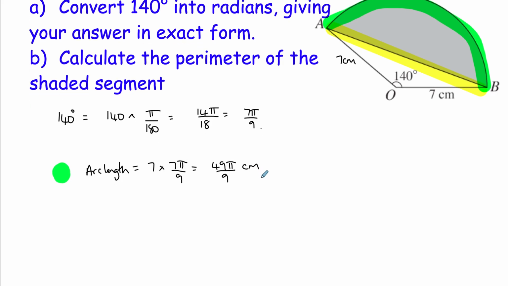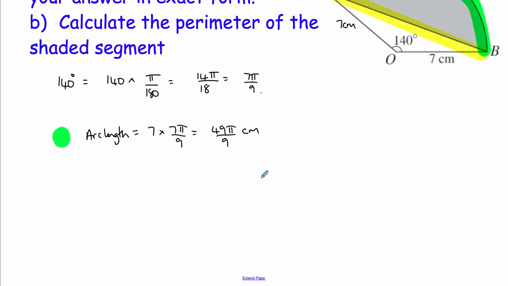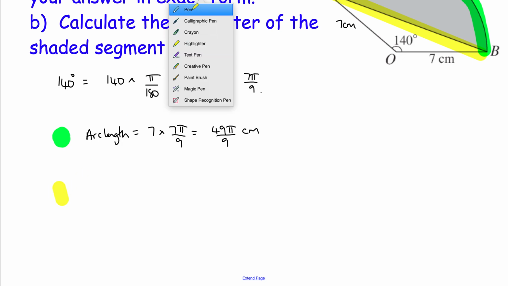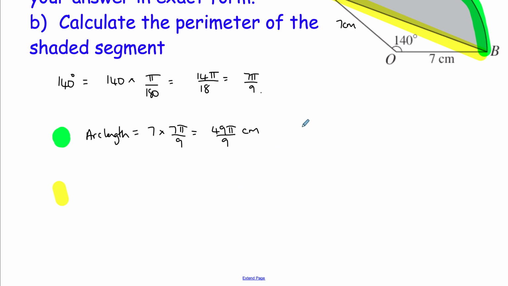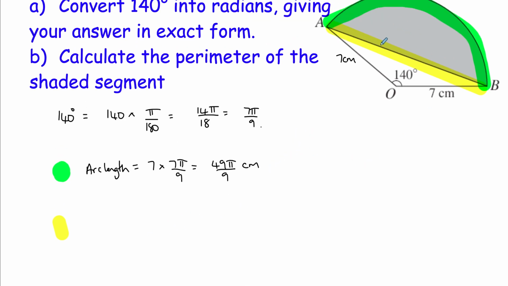To find the straight length, the yellow length, we're going to need to use the cosine rule, to find the third length when you've got two sides and the angle between those sides.